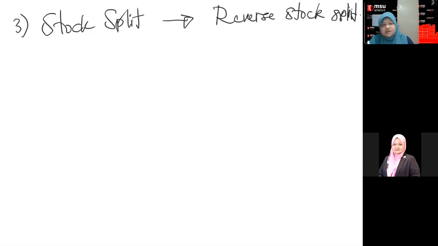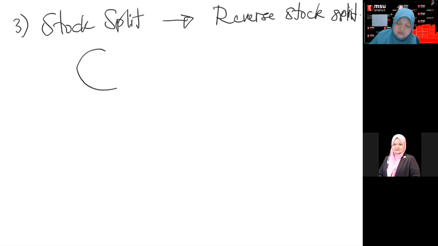Stock split means that the number of shares is increasing. Why does stock split happen? Because the company wants to reduce the price per share. So that's why they do the stock split.